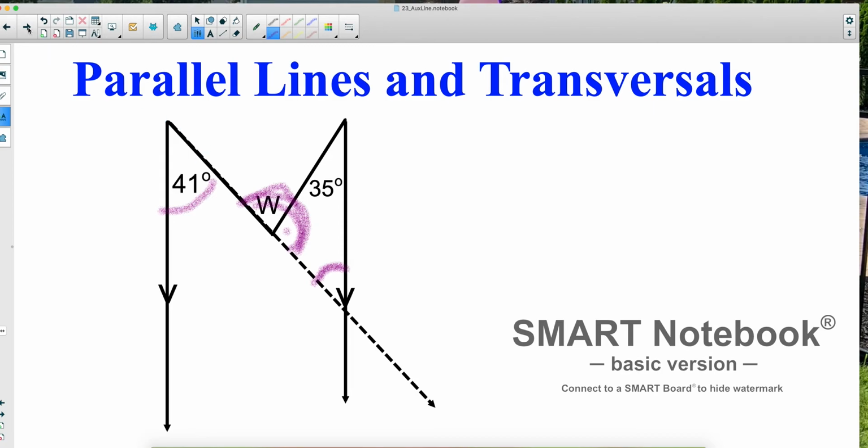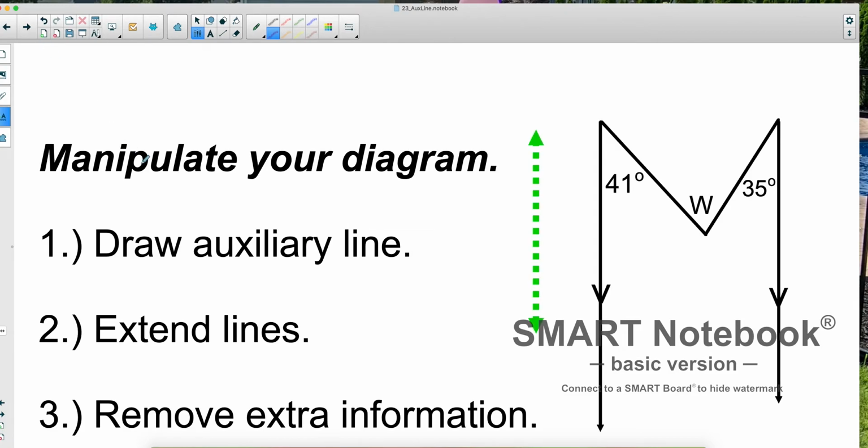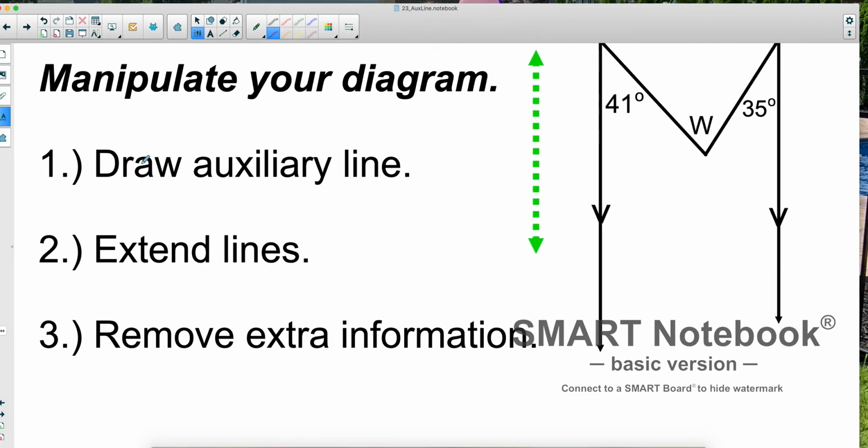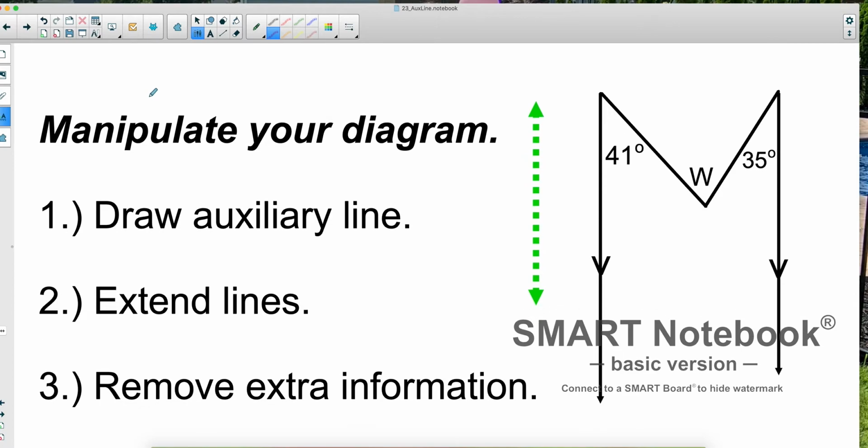So a couple of notes that we would like you to take on how you manipulate your diagram: first you draw in your auxiliary line. In a diagram where you don't have that transversal cutting through, the auxiliary line can be drawn a number of different ways, right? You can draw it through the vertex of the angle right here. You can extend the transversals to go through, like this.